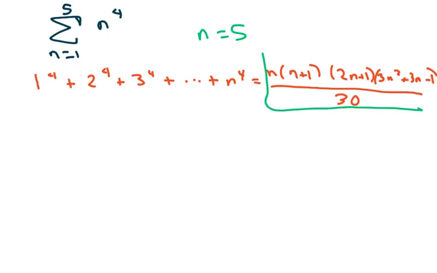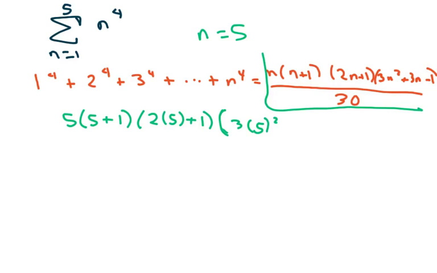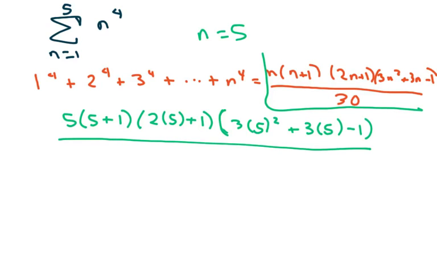So you're going to get 5 times 5 plus 1 times 2 times 5 plus 1 times, a little long formula, 3 times 5 squared plus 3 times 5 minus 1, all over 30.